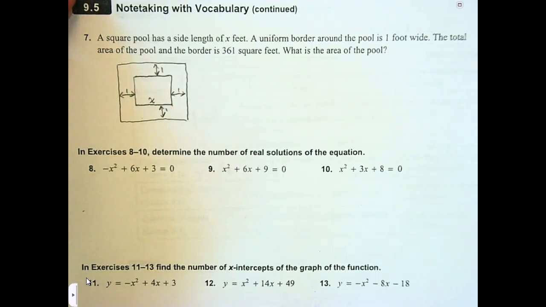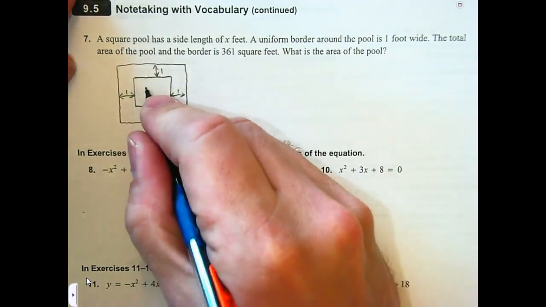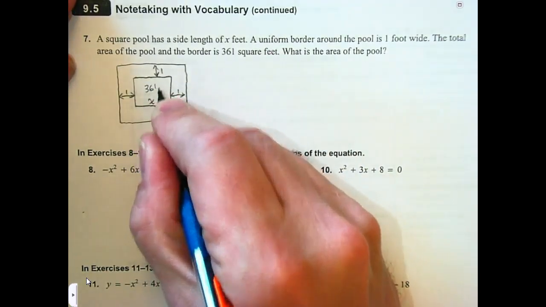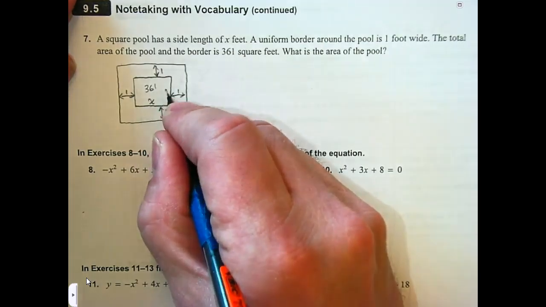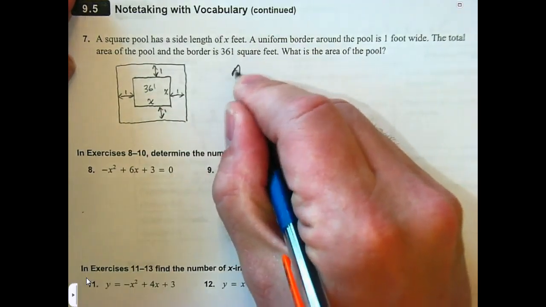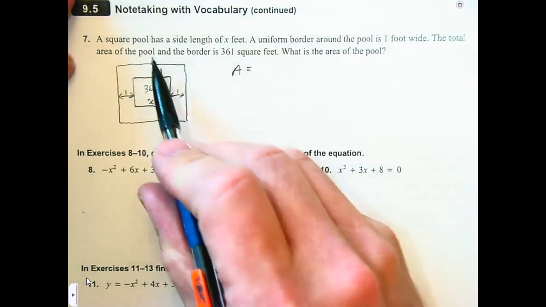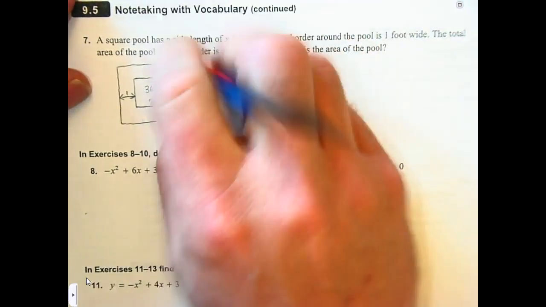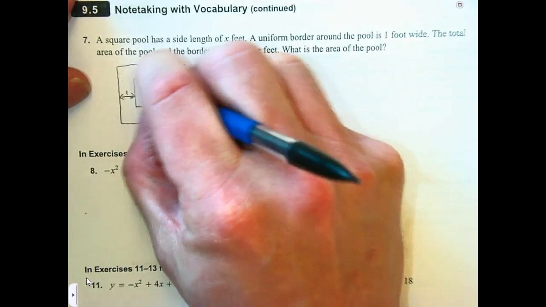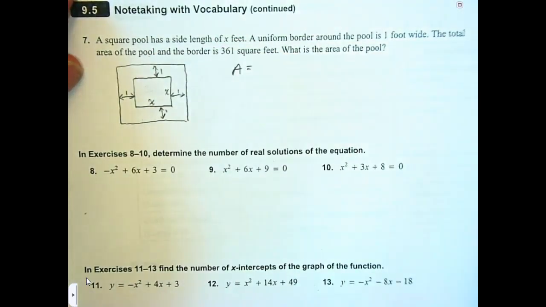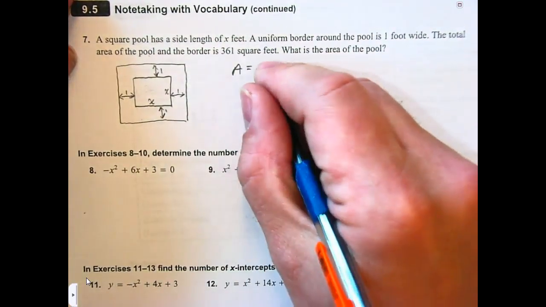The total area of the pool is 361. So the area inside here is 361. Each length is x. How do you find the total area of the pool and the border, which is 361? Okay? How do you find area? Length times width.